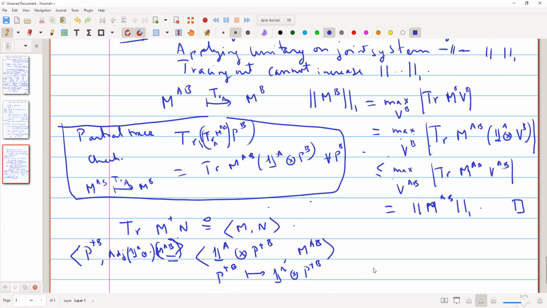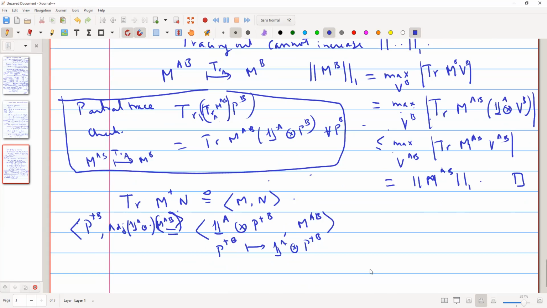Forget the dagger; it's just there for consistency. So we can write that in closed form: IA tensor IB acting on PB is IA tensor PB.